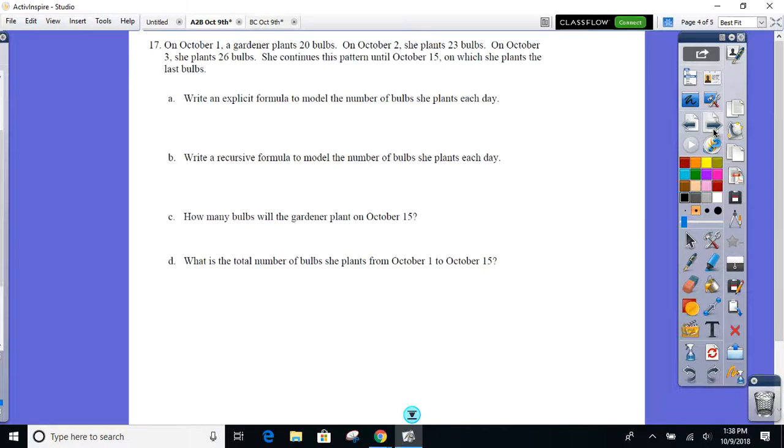So go to 17, we're going to plant some bulbs. I'll let you read through this one. See if you can write a couple terms of the sequence.